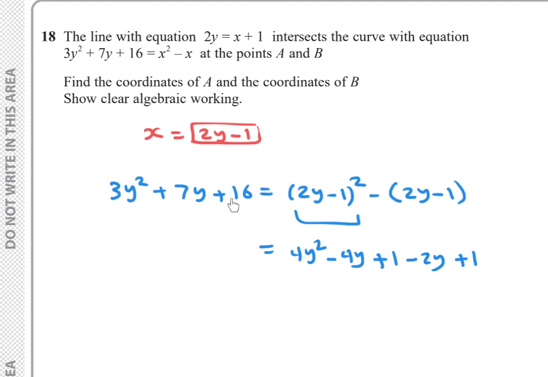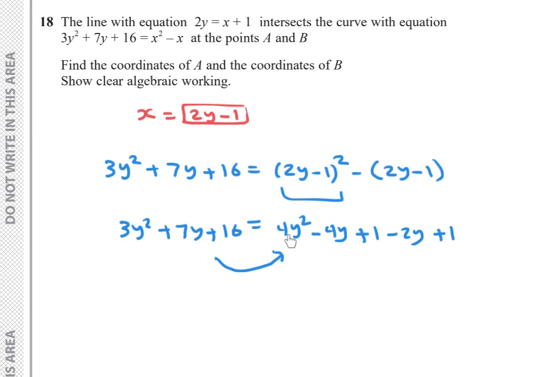For the left hand side, write 3y squared plus 7y plus 16. You can transpose all to one side, so you transpose the left hand side to the right. Now 4y squared minus 3y squared, because 3y squared goes with a negative sign, so y squared. And we have negative 4 and negative 2, negative 6, then minus 7, so negative 13y.